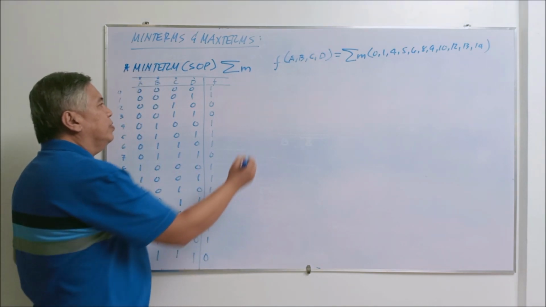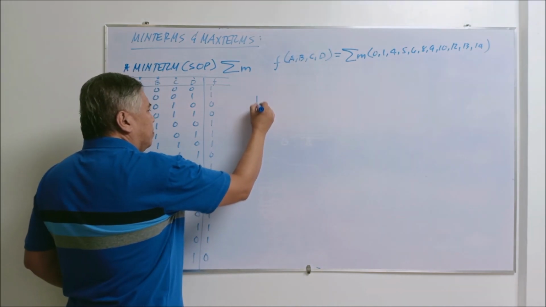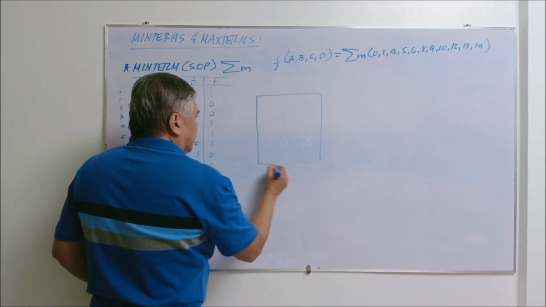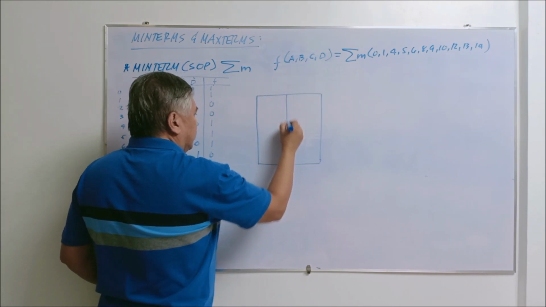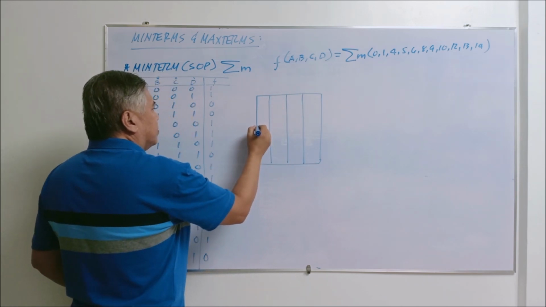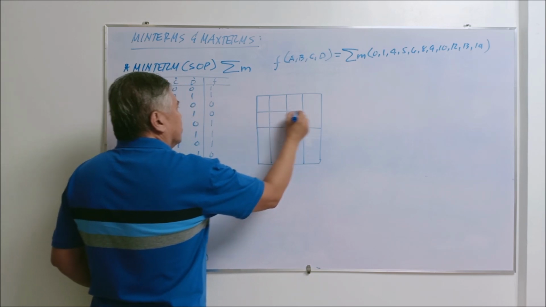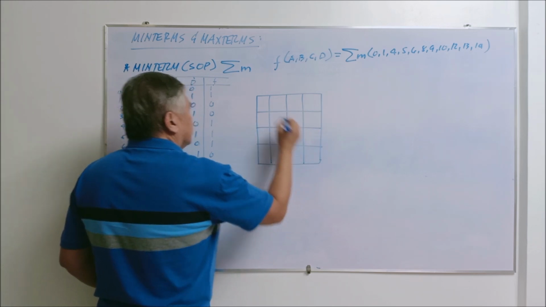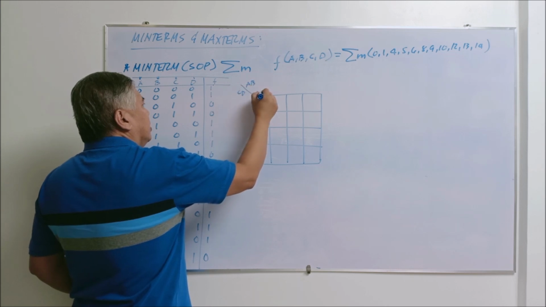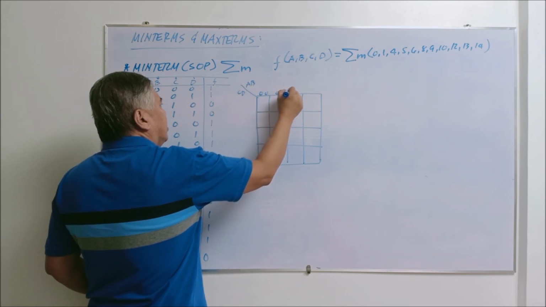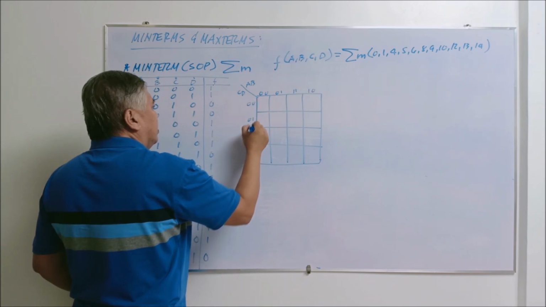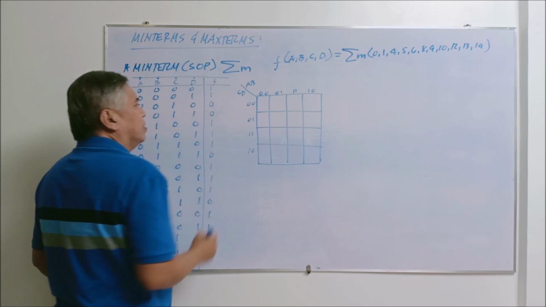Then next is to draw the K-map equivalent. So you have inputs A, B, C, D. Again, 0, 0, 0, 1, 1, 1, 1, 0, on both axes.